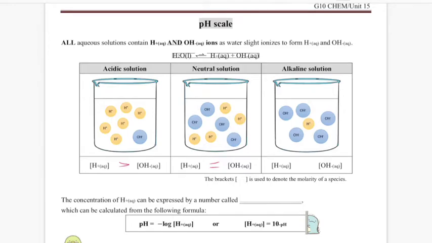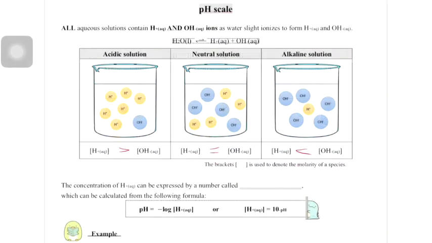For alkaline solution, it will be the other case. We would expect to have more hydroxide ion than hydrogen ion. And here, please pay attention to the representation. In chemistry, we use this bracket to represent the molarity of a substance.